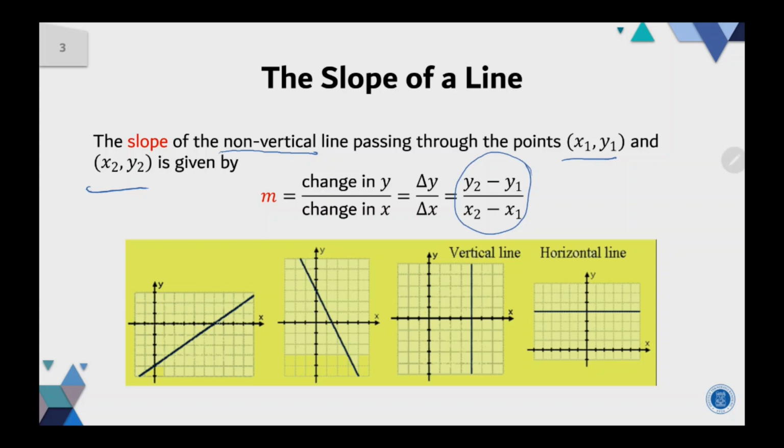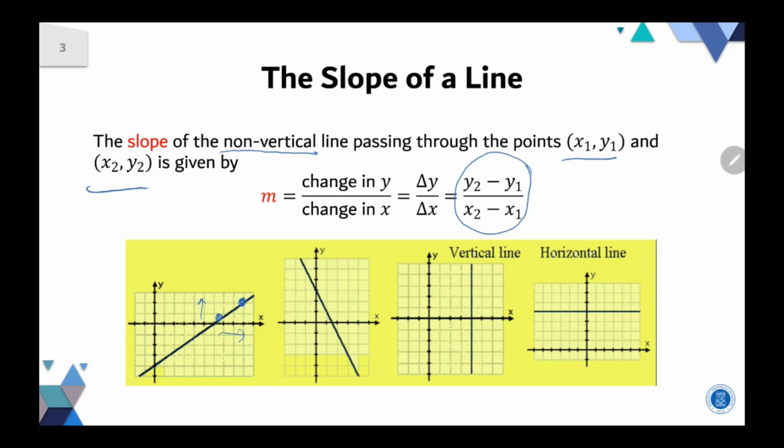If I take these 2 points here, for example, the change from this point to this point, the difference in y will be positive because it goes in this direction, and the difference in x will also be positive because it goes in this direction.